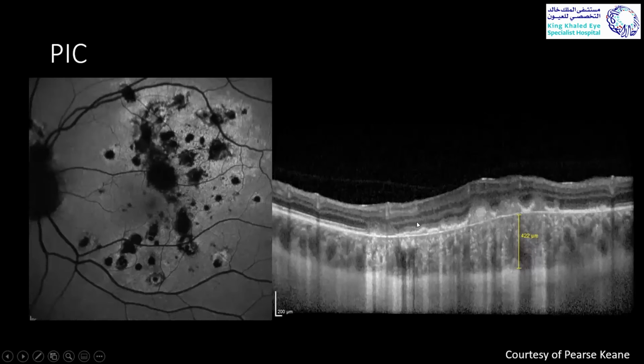Thereafter, a lot of reports came describing these active PIC lesions or multifocal choroiditis lesions as an RPE elevation with rupture of this material inside the retina.